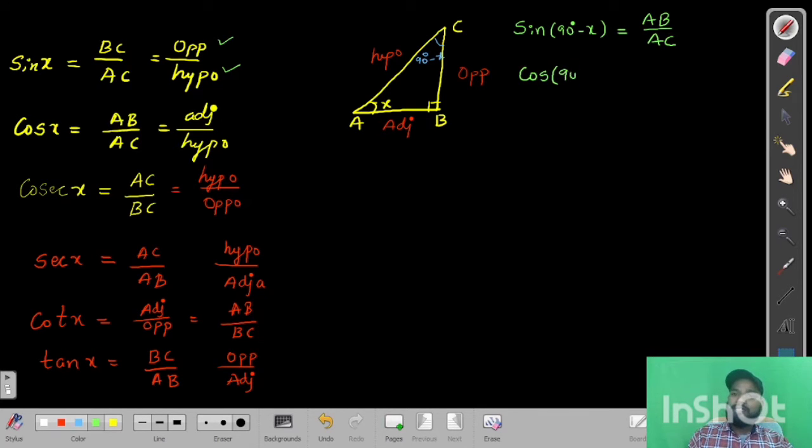Next, moving to cos. Cos of 90 minus x. What is the cos formula? Adjacent by hypotenuse.